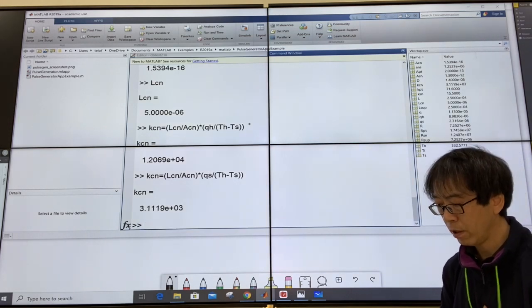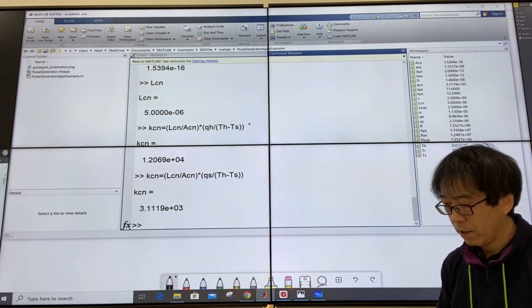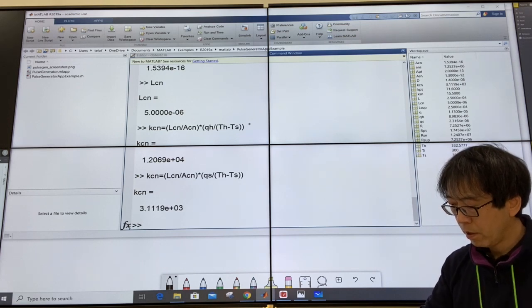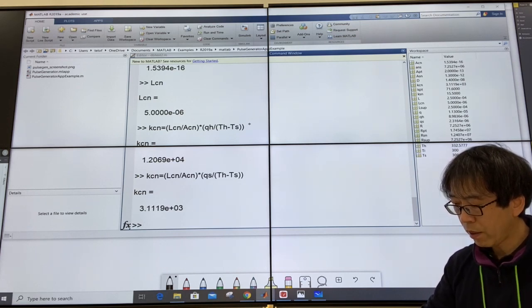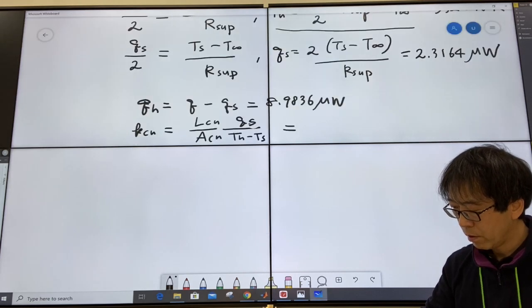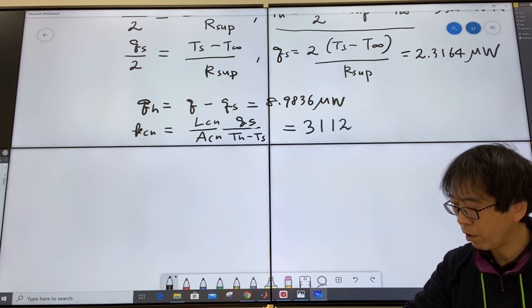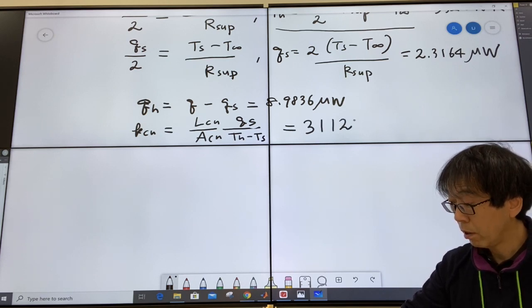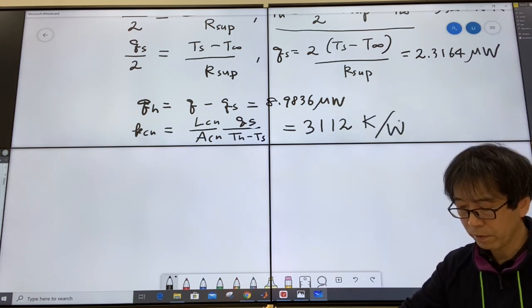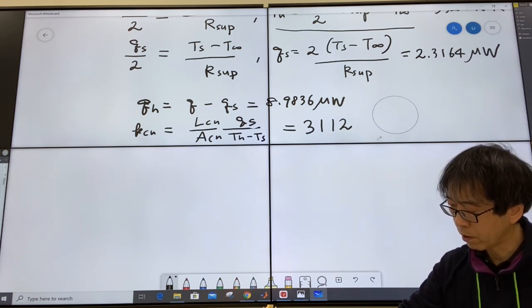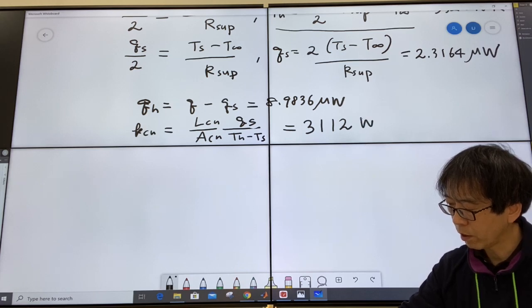Okay, now we have a result. KCN is about 3,112 watt per Kelvin. That's thermal conductivity.